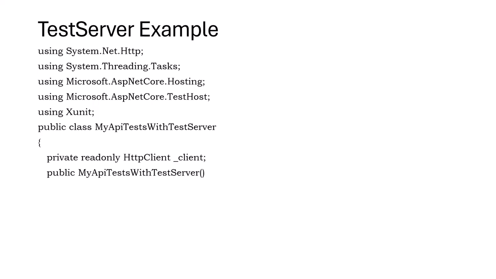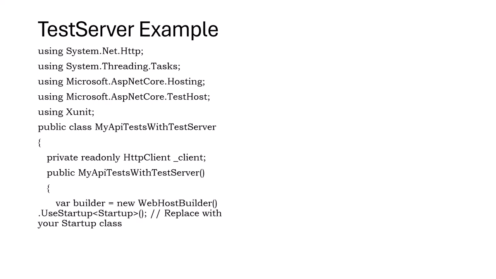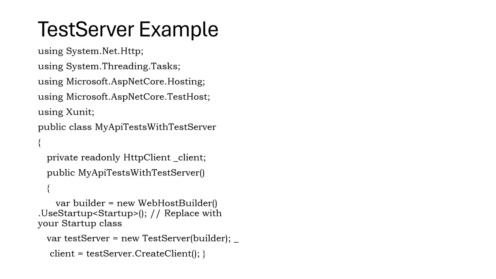Again we create a read-only variable HttpClient _client, and in the public constructor we initialize a builder object, new WebHostBuilder().UseStartup, replace with your startup class. Because my startup class will be the Program class, I will replace it in the actual code with Program. The test server is new TestServer, and I pass this builder object, and then the client is testServer.CreateClient, so we call the CreateClient method of the test server object.